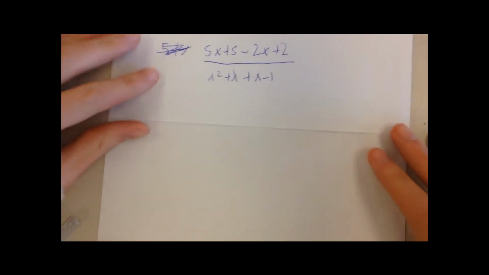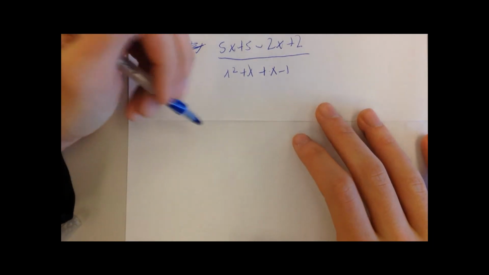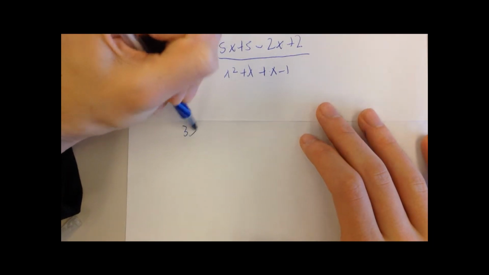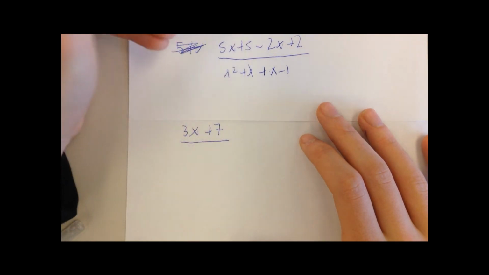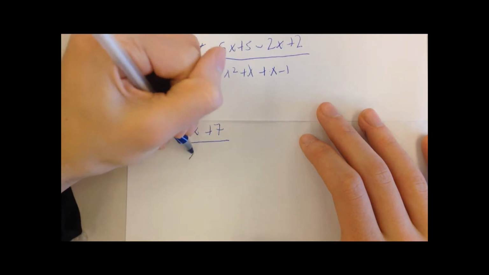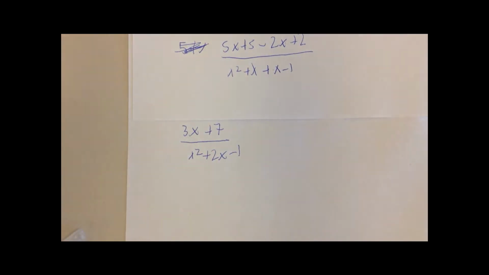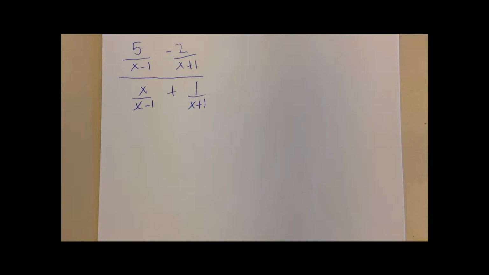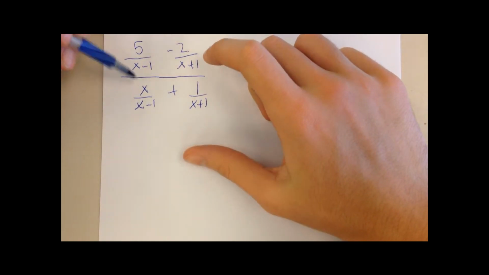If we cancel some of our terms once again, we're going to be left with 3x plus 7 over x squared plus 2x minus 1.